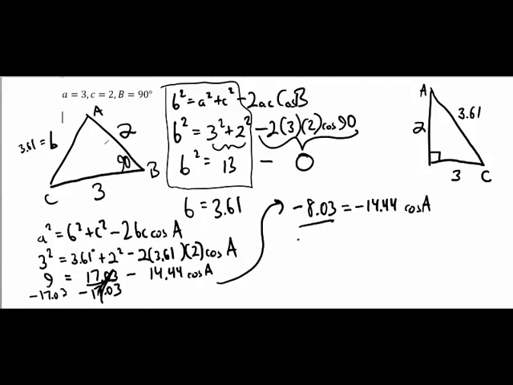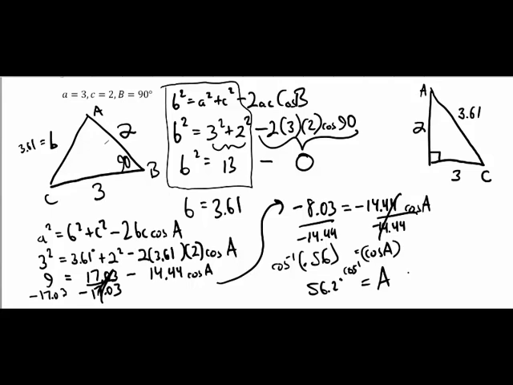And if I now divide both sides by negative 14.44, what that gives me is cosine A on the right-hand side, and on the left-hand side we have 0.56. And if we then take the inverse cosine of both sides, we now have A left, and the inverse cosine of 0.56 is 56.2 degrees.